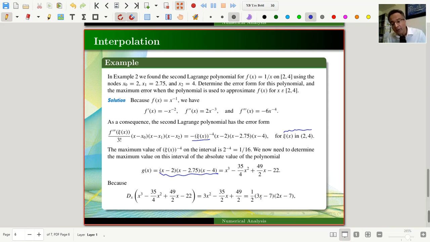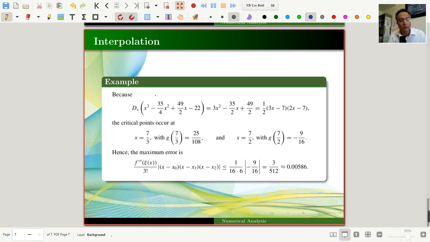One is x equal to 7 over 3, and the other is x equal to 7 over 2. If you compute the value of g of x at these points, g of 7 over 3 is 25 over 108, and g of 7 over 2 is minus 9 over 16.